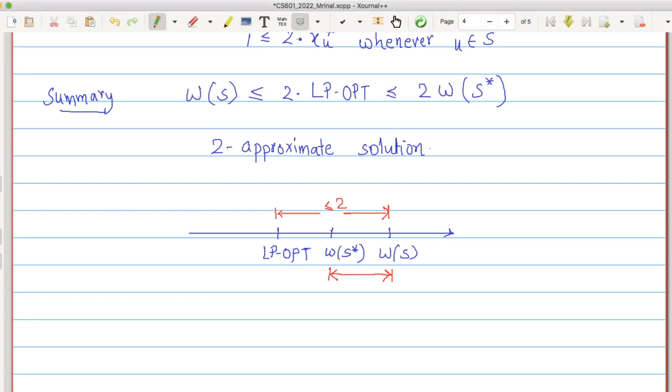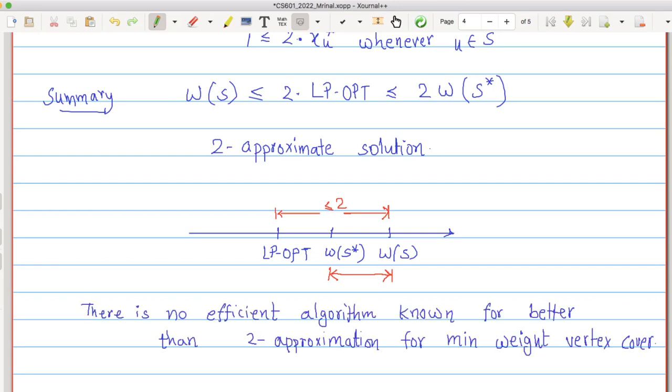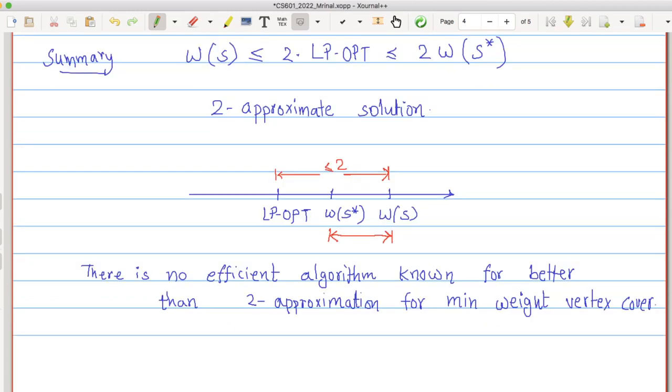And interestingly, there is no known efficient algorithm which gives a better than 2 approximation for the minimum weight vertex cover problem. And as I said earlier, this is not specific to vertex cover.